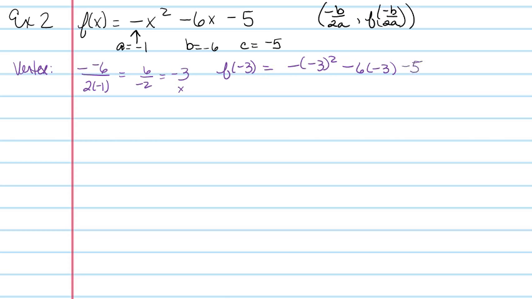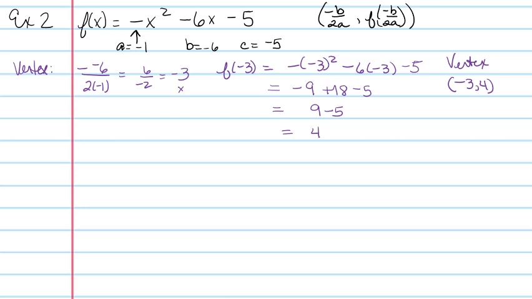So this is going to be a negative 9 plus 18 minus 5, which is going to give me 9 minus 5, which is 4. So my vertex is negative 3, 4.